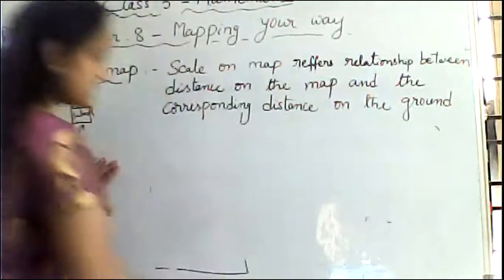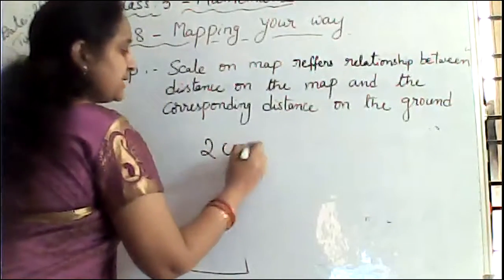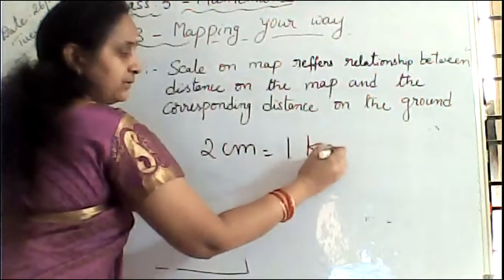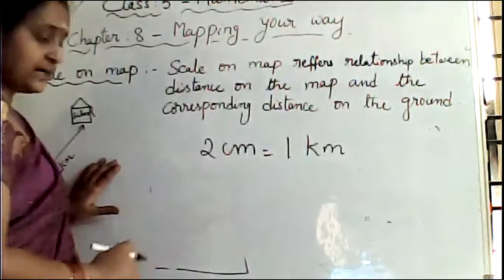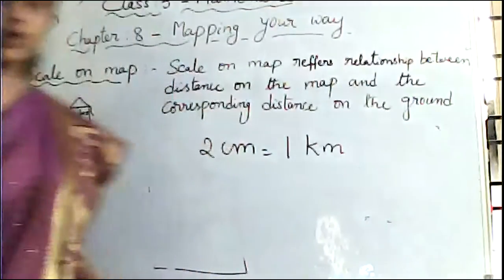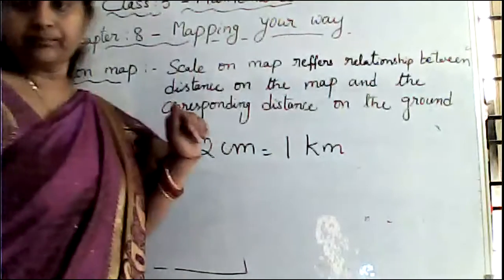On the map, it is given 2 centimeters is equal to 1 kilometer.